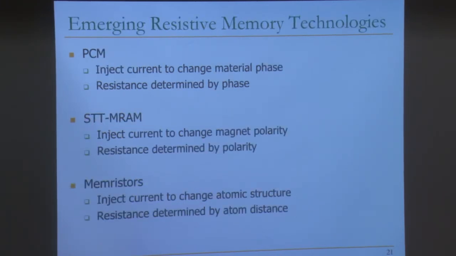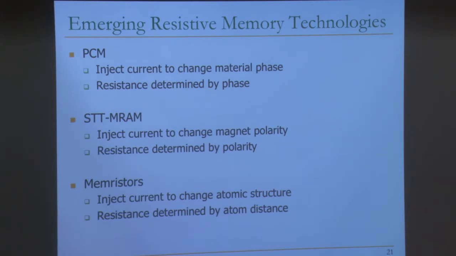And emerging resistive technologies operate in slightly different ways. So let's take a quick look. Phase change memory, or PCM, injects current to change the phase of the material that actually makes up the cell. And the resistance is determined by the phase of that material. We'll look at some pictures in a second. Spin transfer torque MRAM injects current to change the magnetic polarity of the device junction.